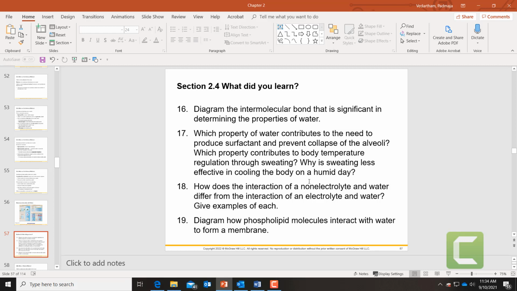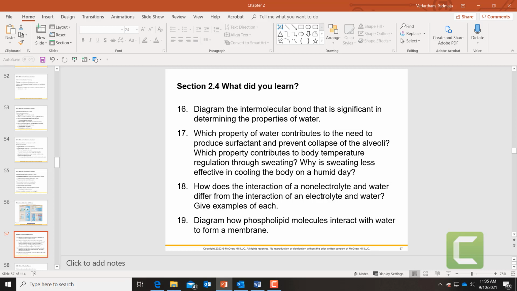How does the interaction of a non-electrolyte and water differ from the interaction of an electrolyte and water? So you can talk about glucose and water, where the glucose molecule really doesn't break down, it just dissolves in water. When we talk about osmotic pressure, I will give an example of this, where a non-electrolyte like glucose contributes just one osmotic pressure.